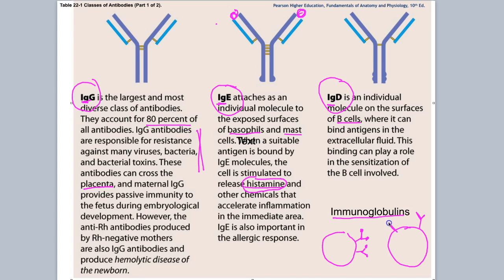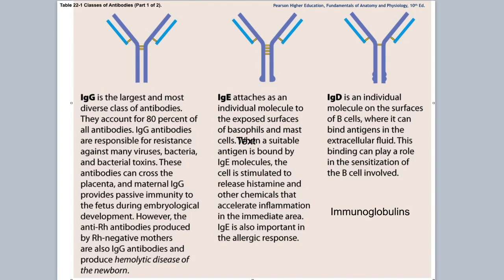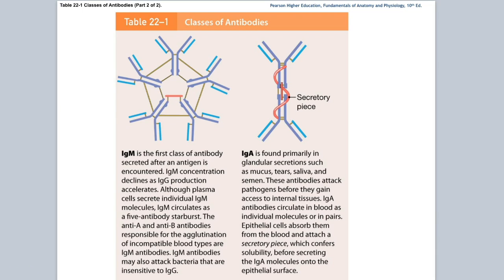And if that B cell encounters a foreign antigen that can bind to this, that will sensitize the B cell, and then the B cell can present that antigen to a T cell, hopefully initiating an immune response. So these are the ones found on the surface of B cells, IgD.